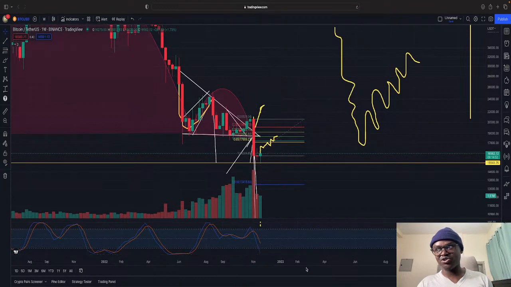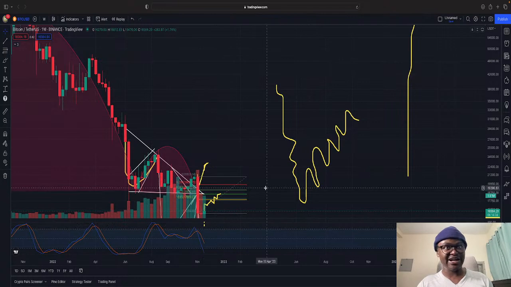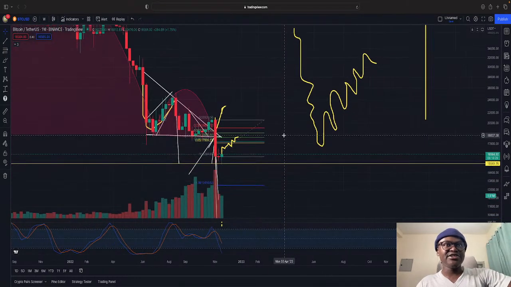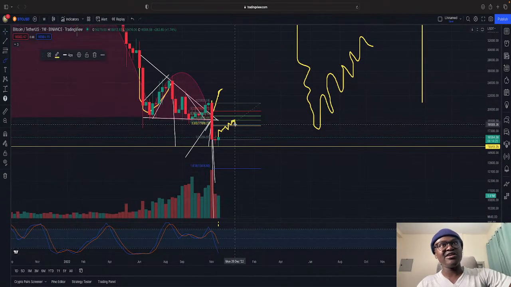Undervalued territory is below 20 here, overvalued is above 80. So if it goes to the 50% retracement here, which will be on the 0.5 Fibonacci ratio, that will not only give it a bear flag, but it will give it an overvalued weekly, 3-day, and even a daily time frame stochastic and/or RSI. So we would have that, and we will have our next fall like so.